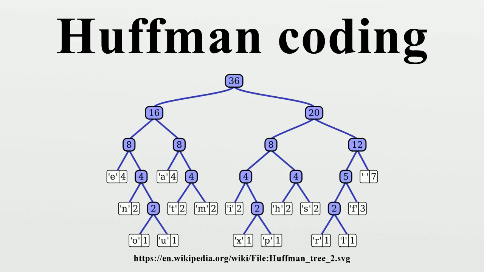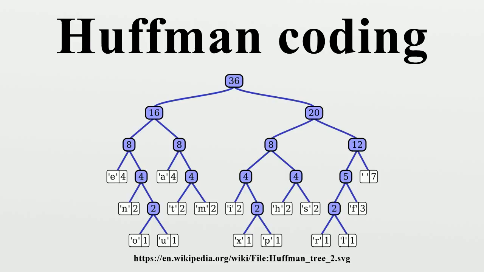Huffman, unable to prove any codes were the most efficient, was about to give up and start studying for the final when he hit upon the idea of using a frequency-sorted binary tree and quickly proved this method the most efficient. In doing so, Huffman outdid Fano, who had worked with information theory inventor Claude Shannon to develop a similar code. By building the tree from the bottom up instead of the top down, Huffman avoided the major flaw of the suboptimal Shannon-Fano coding.